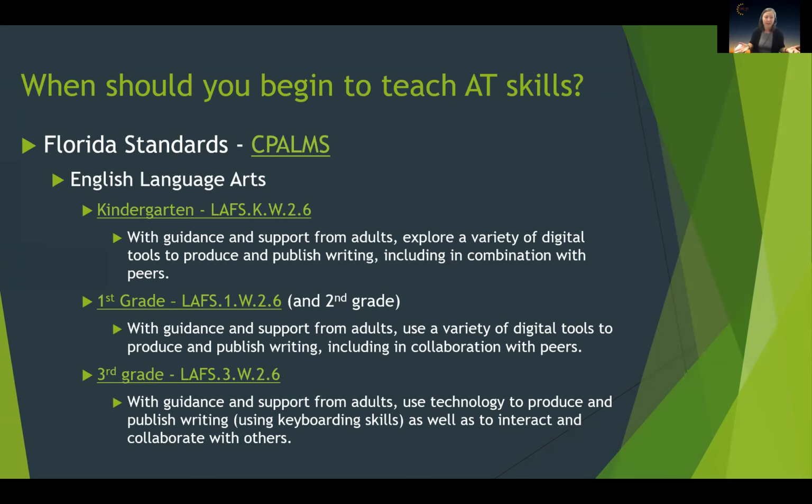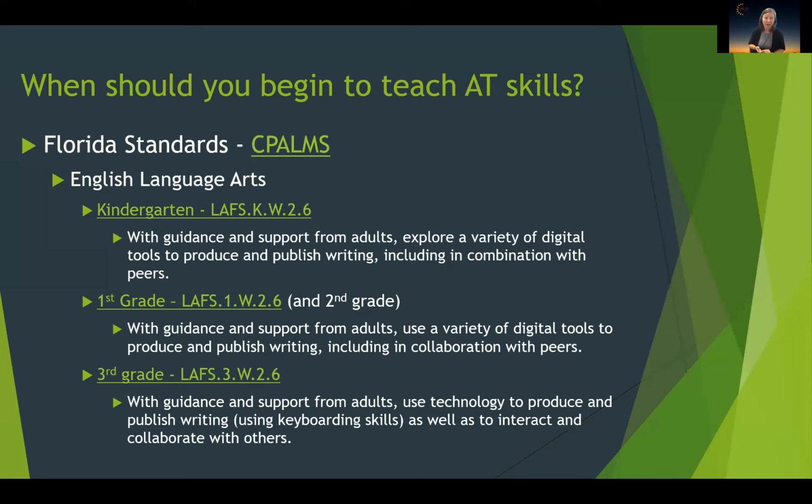Then in first grade, we're going to up the ante a little bit with guidance and support from adults. Use a variety of digital tools to produce and publish. So now we're looking at actually writing and using these tools. So using a keyboard, using a Braille display.